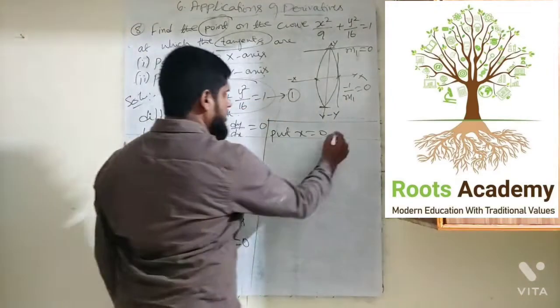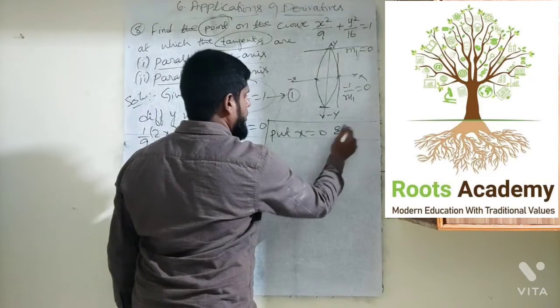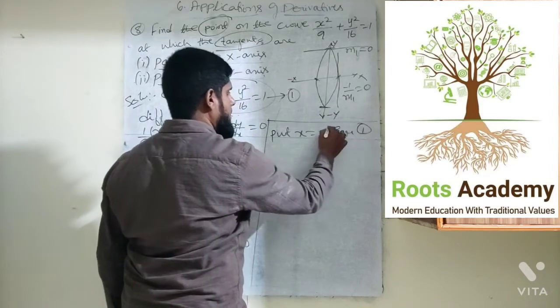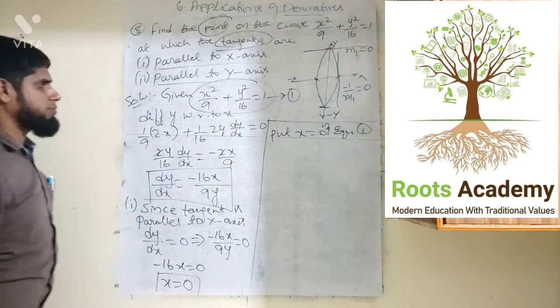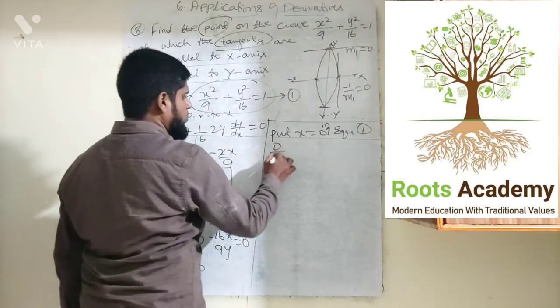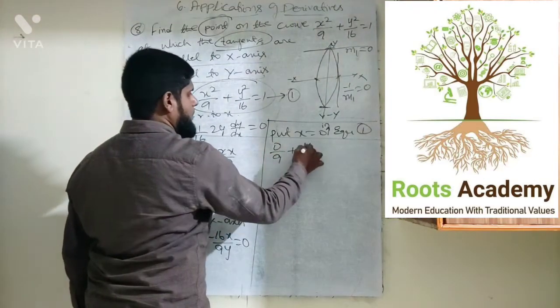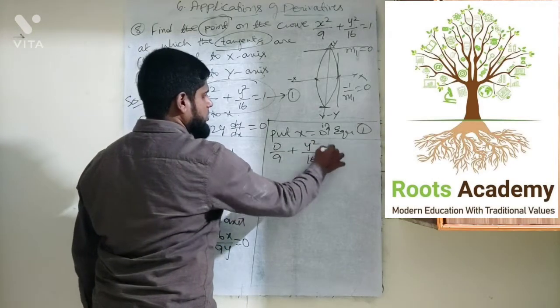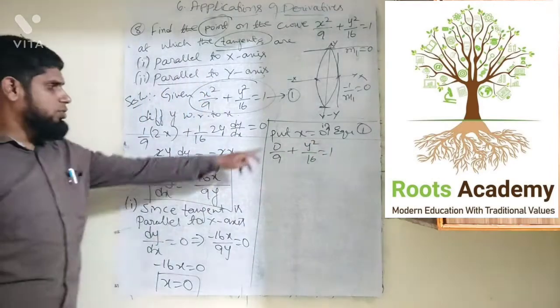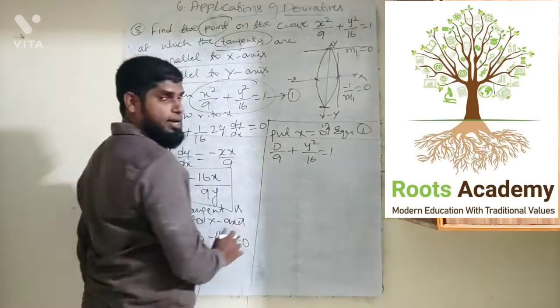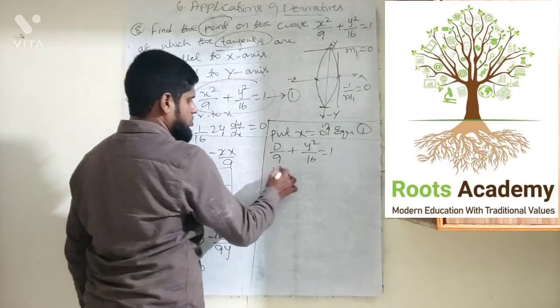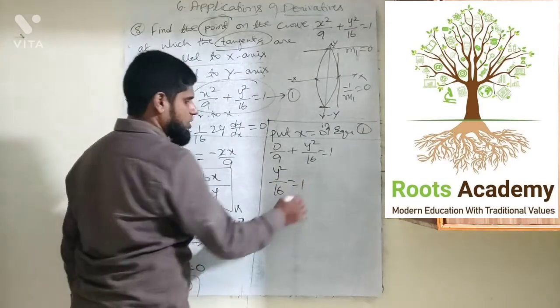For x is equal to 0 in equation 1, 0 by 9 plus y square by 16 is equal to 1. 0 by 9, or 0 by anything, is 0. So this will get cancelled. So y square by 16 is equal to 1.